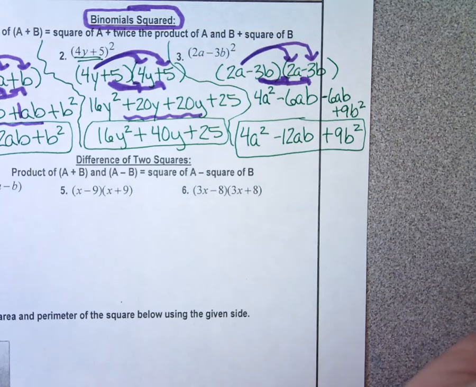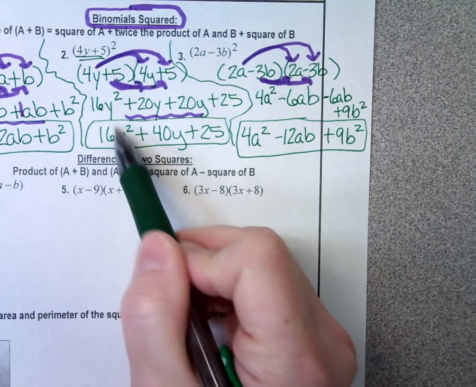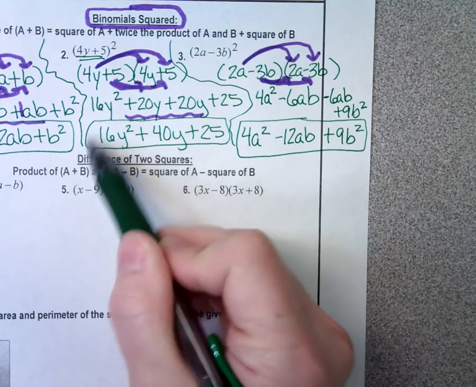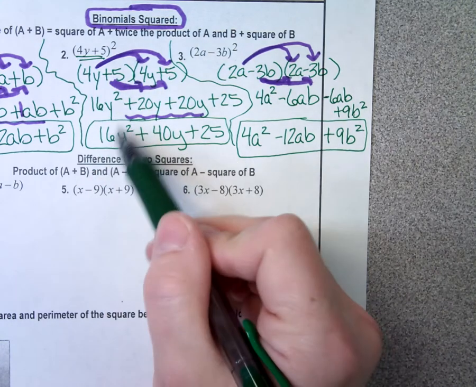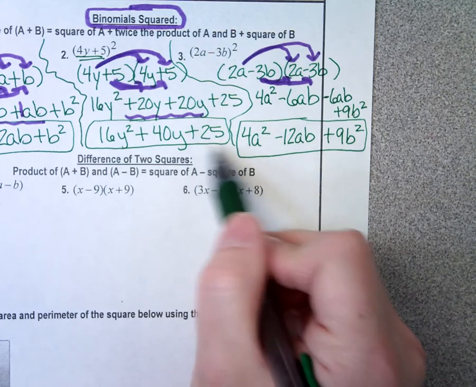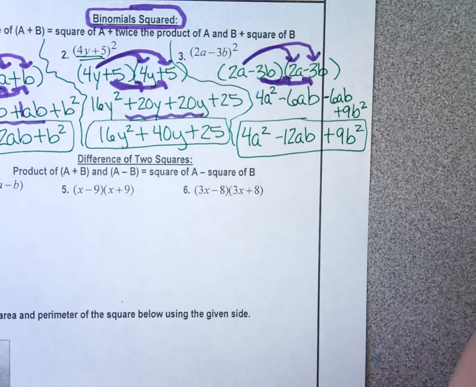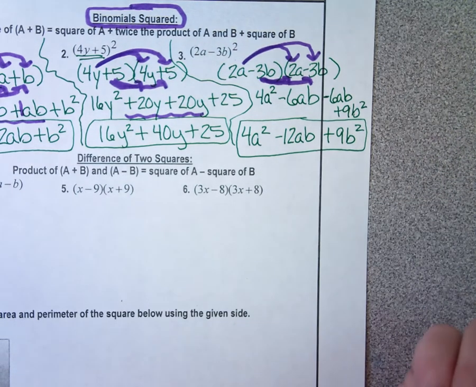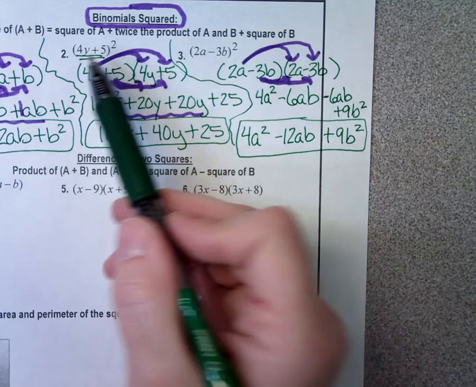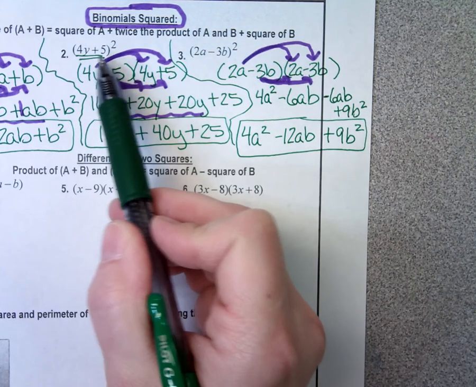So just a couple things I want you to notice is that the square root of 16 is 4, and that's what's there. The square root of y squared is y, and that's what's there. The square root of 25 is 5, and that's what's there. And another thing that's special about this is that when you multiply these two numbers together, 4 times 5, you get 20.